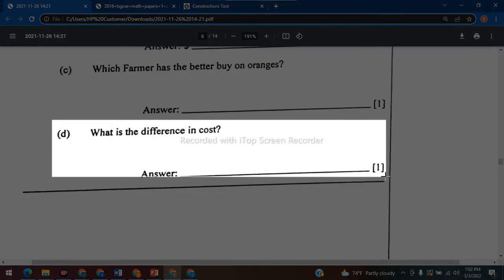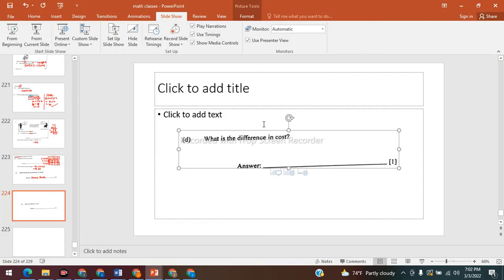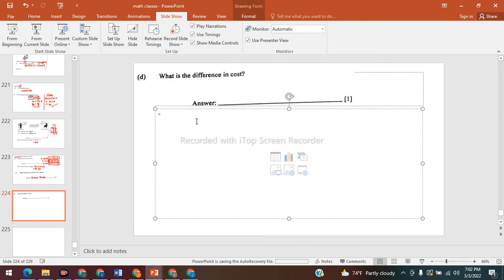The difference in cost is going to be $6.60, which is Farmer Thompson's price, minus $6, which is Farmer Smith's price. That's equal to 60 cents. So the correct answer is 60 cents.